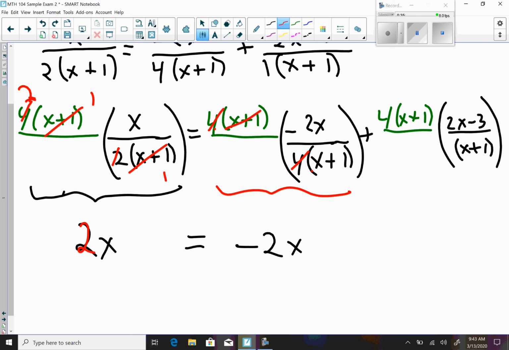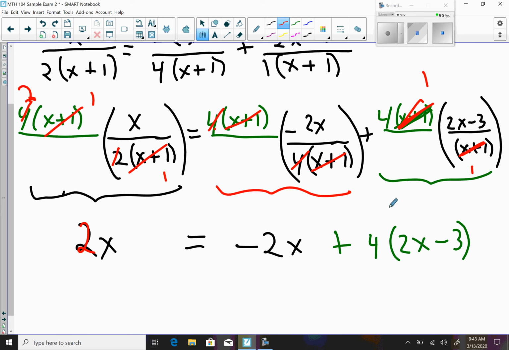X plus 1 divided by x plus 1 is 1. Negative 2x is still just there. Plus, this over here is 4 times 2x minus 3. Because x plus 1 divided by x plus 1 is 1. The 4 is still there, 4 times 1, and so is the 2x minus 3 in parentheses.